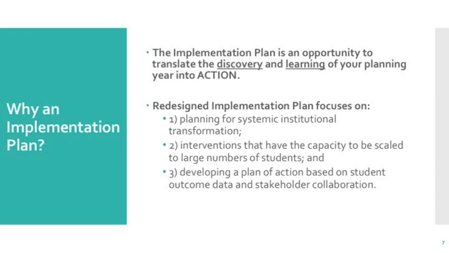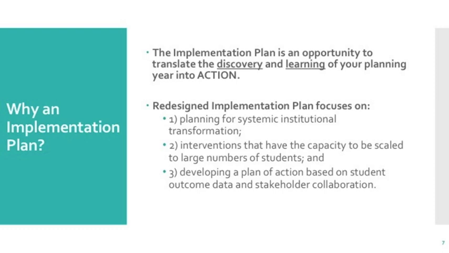So at Achieving the Dream, we really believe that to increase student success on a large scale, colleges need to fundamentally rethink how they're operating and serving students. Because of this, we have redesigned the implementation plan template a bit this year to help colleges focus on 3 key concepts.